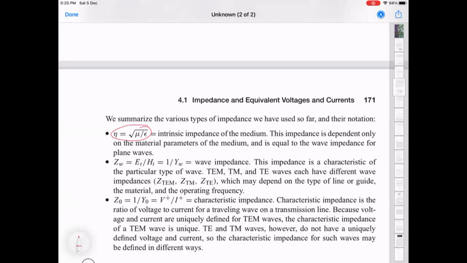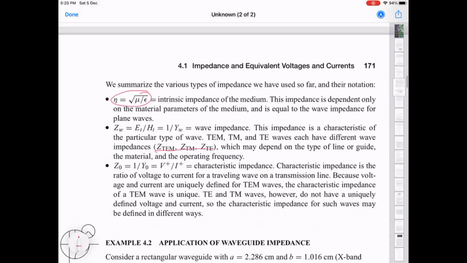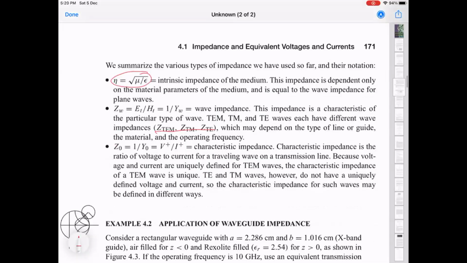In general, if it is not a TEM wave, then the mode matters, exactly what particular type you're defining. They all have different impedances as written here. We also identified that mu and epsilon have units of inductance per unit length and capacitance per unit length, which is what we saw when we did the simple LC transmission line as well. Okay, so these are again useful things to keep in mind.